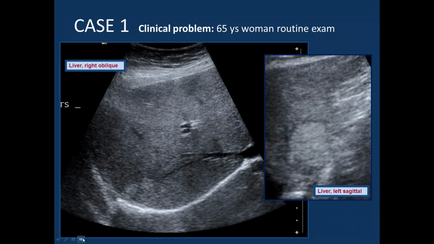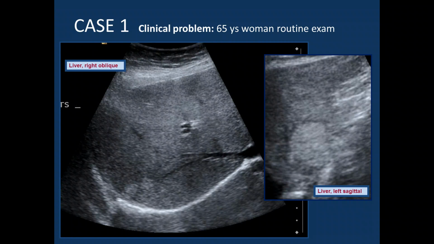So the first case is the classical clinical problem in abdominal ultrasound, and this is the routine. Usually patients from clinical settings, or if they just want a workup to maintain health or whatever, undergo sonography of the abdomen.